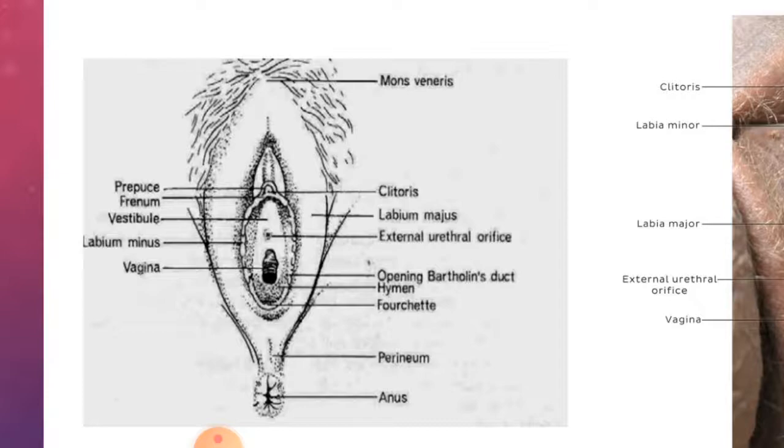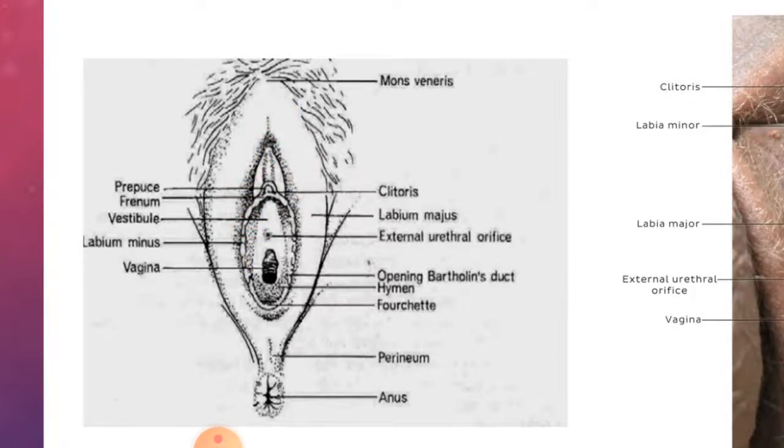So the first external genitalia that we discussed is the labia majora, and these are the two large skin folds forming the boundary of the vulva, and they are basically composed of skin, fibrous tissue, and fat, and they contain numerous sebaceous and eccrine sweat glands. You already know about the eccrine glands and the sebaceous glands.